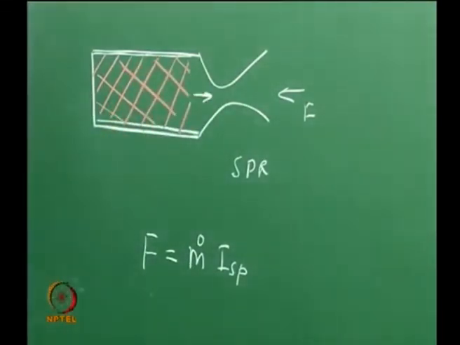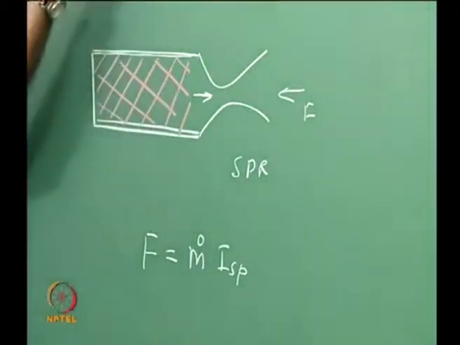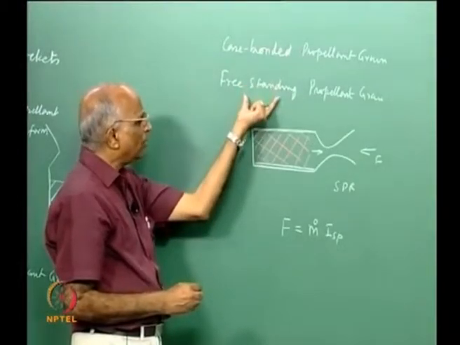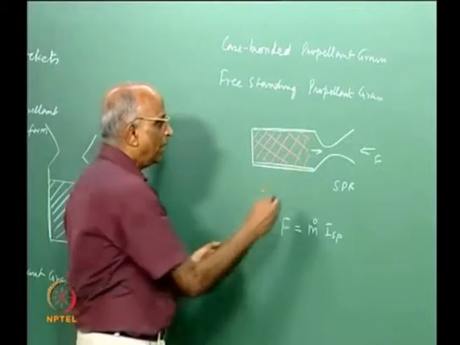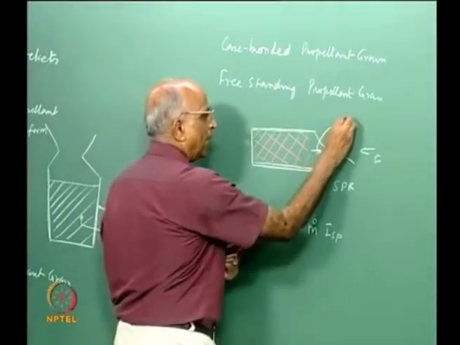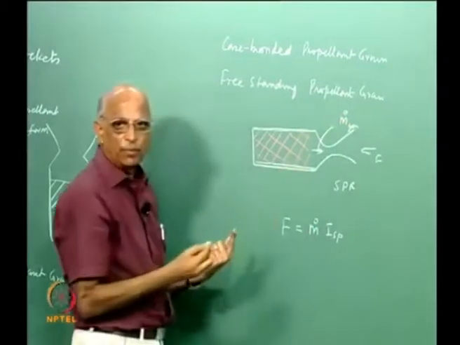Therefore, in today's class we will first examine how do you make a propellant grain, which could either be one of the two, case bonded or freestanding, from which if I ignite it, start burning it, how do I ensure that I have sufficient amount of mass getting generated from the propellant.